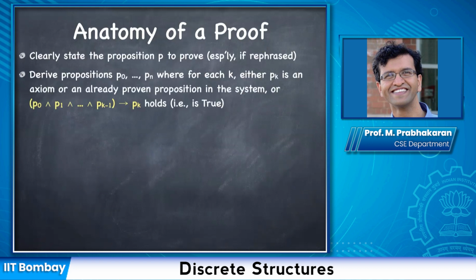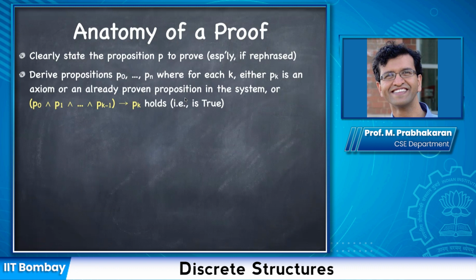And then the proof essentially consists of a sequence of propositions. So P0, P1, and so forth. That's a sequence of propositions where for any proposition in this list, Pk, either Pk is an axiom that's already there in the system, so you can just put it there in your list, or it's a proposition that has been proven maybe by someone else as a lemma that you can just refer to.